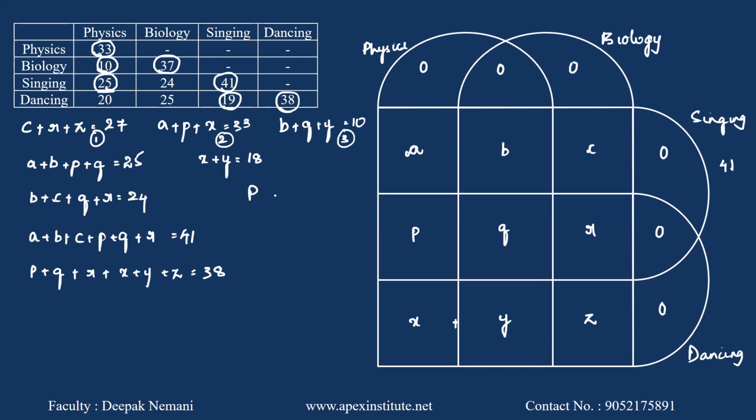So P plus Q plus R is equal to 19. In that case, A plus B plus C will be equal to 41 minus 19, which is 22. And X plus Y plus Z will be equal to 19 because the sum is 38. So we have three more equations.